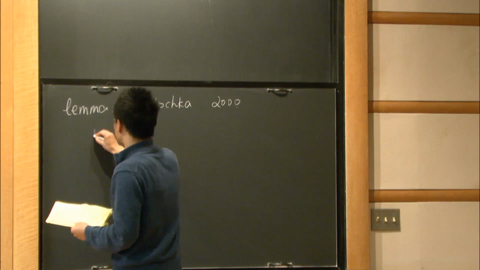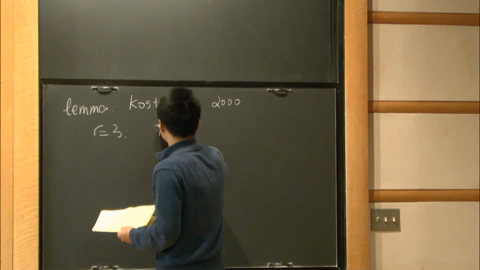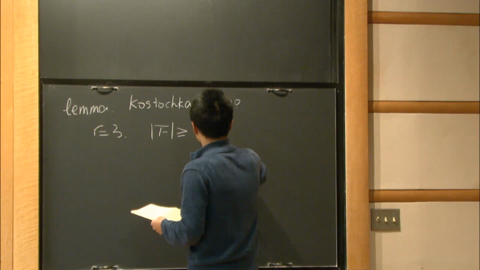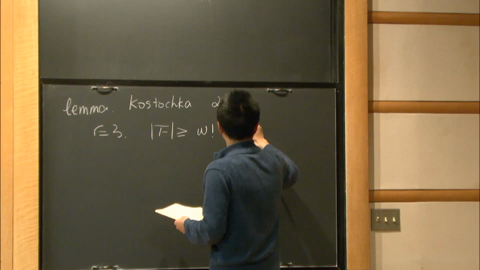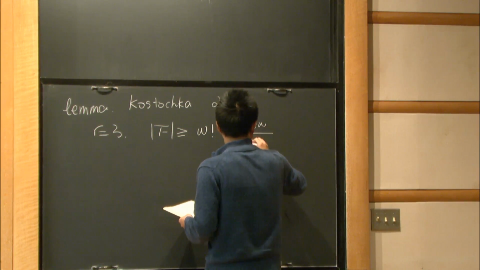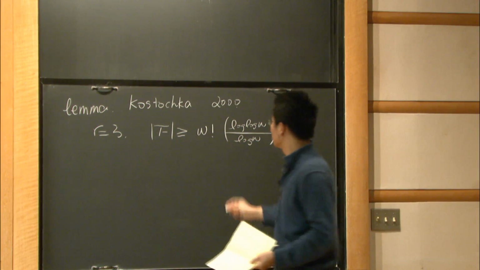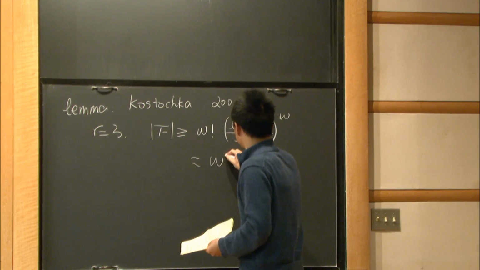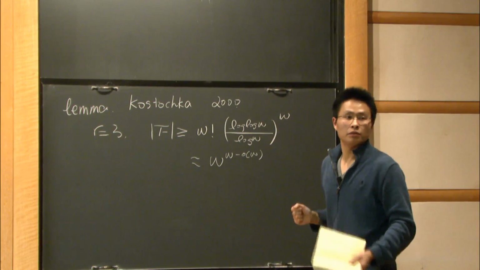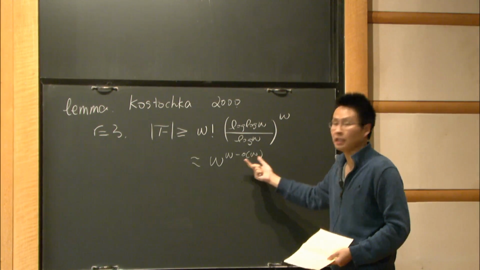Say for r equal to 3, if f is larger than a factor of w times log w over log log w, to the w, then it contains an r-sunflower. So basically, this is roughly like w to the w minus little o of w. So the best result before us was just a slight improvement in the exponential part, minus a little o of w.